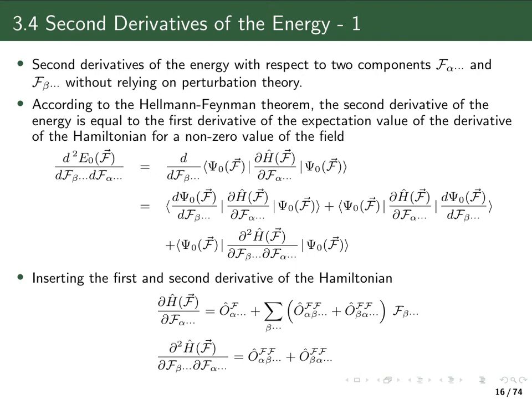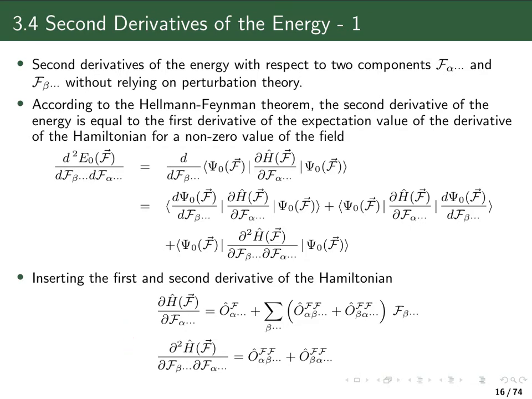And then from the part of the Hamiltonian which was quadratic in the field, coming from the A squared term, the term where we had the vector potential squared. Taking the first derivative, we still of course have one field component. Whereas taking now the second derivative, which means the derivative of this expression again, we only have these two operators which come from the vector potential squared, which come from the second order Hamiltonian.